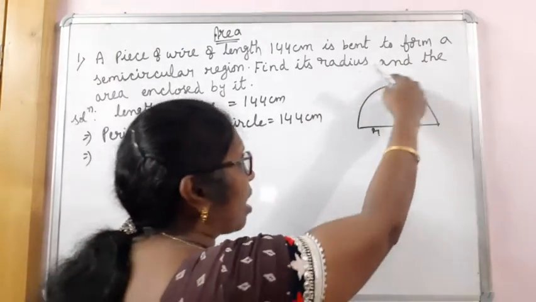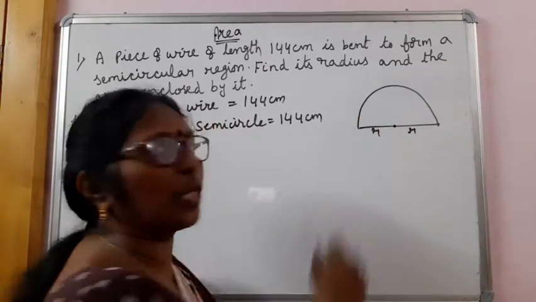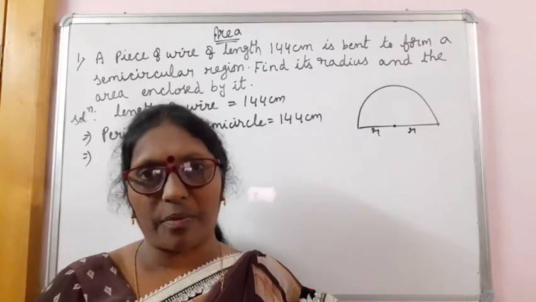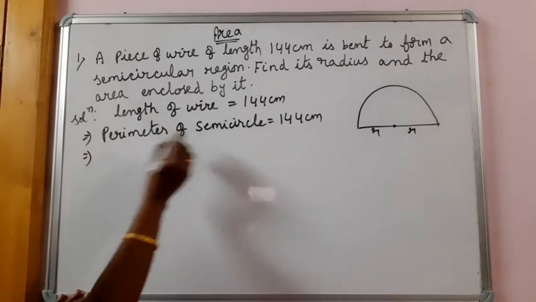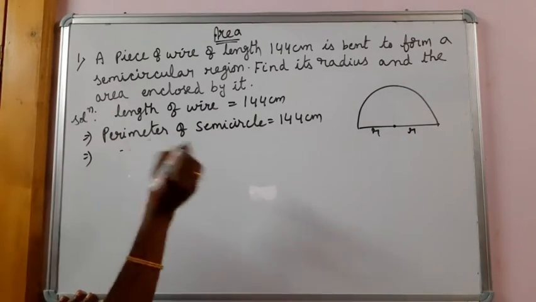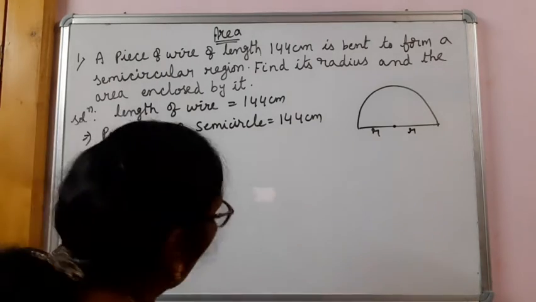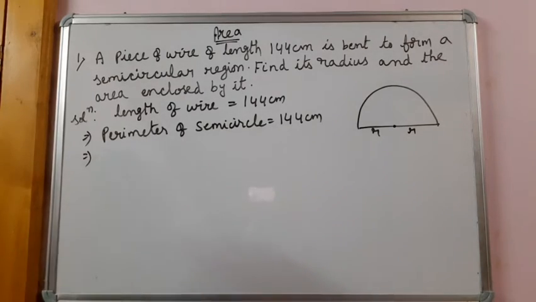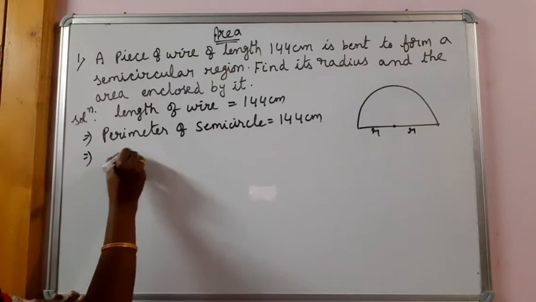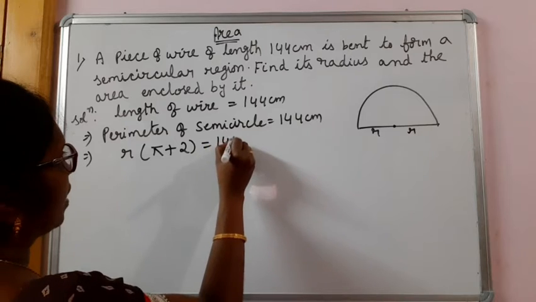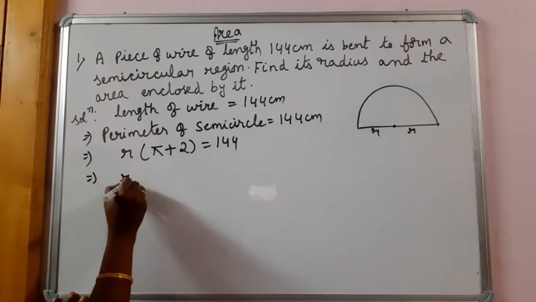So half circumference is pi r, plus 2r, which you have already learnt. So the formula for the perimeter of a semicircle is pi r plus 2r, or we can write r common, r into pi plus 2, is equal to 144.